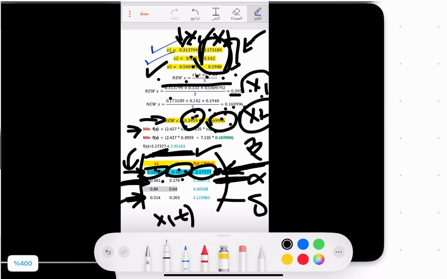So x1 and x2 for x beta are going to be the new values that we obtained in the last calculation. And gamma will be the third least value, which is 3.123983, which is equivalent to these x1 and x2s.